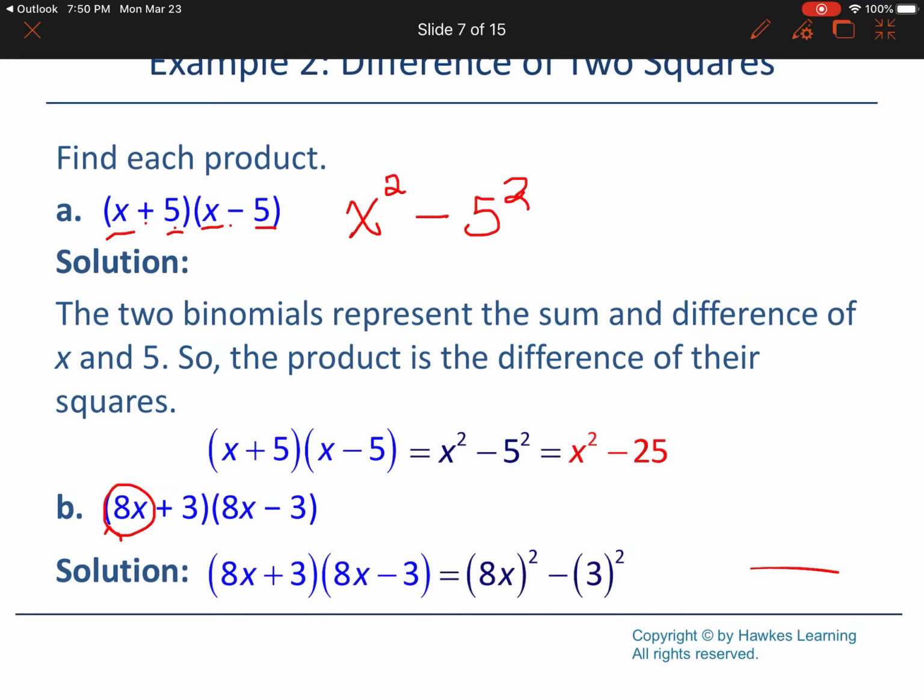We have that 8x squared, meaning we're going to bring in that squared to both of the parts because it's multiplied. Remember, we did that in the beginning of chapter 6. You bring in the squared to each thing, and we end up with 64x squared minus 9.